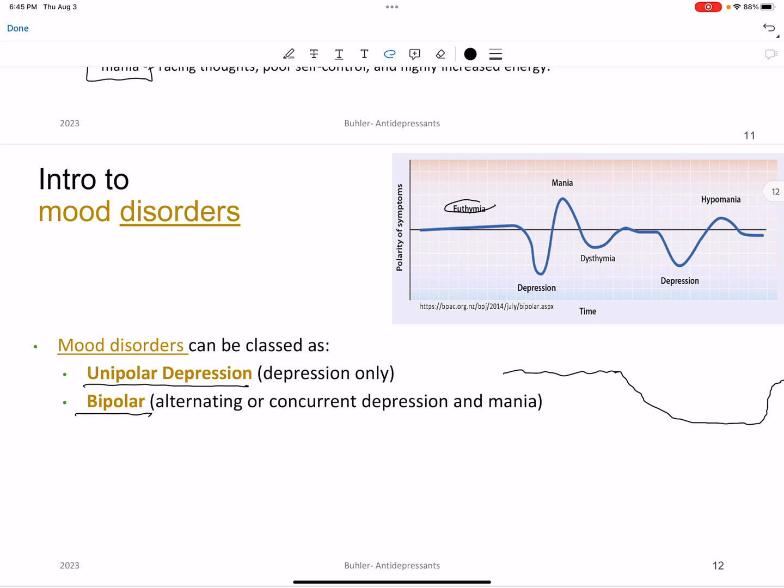And when it gets better, it comes back to around its baseline. Bipolar is when you have a mood state and it can oscillate between mania and depression. And even though I'm drawing it like this, there's no hard and fast rule that mania goes before depression or anything like that.